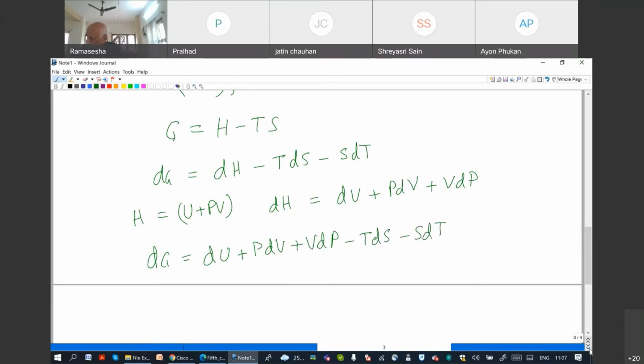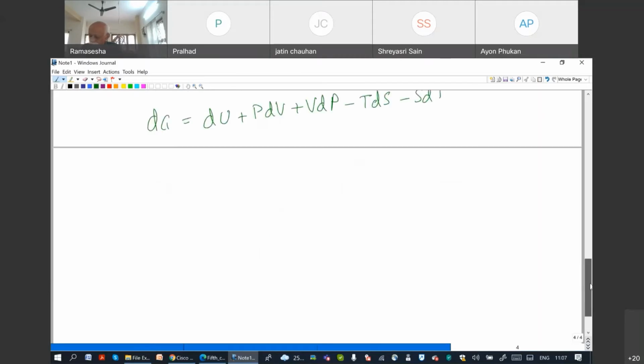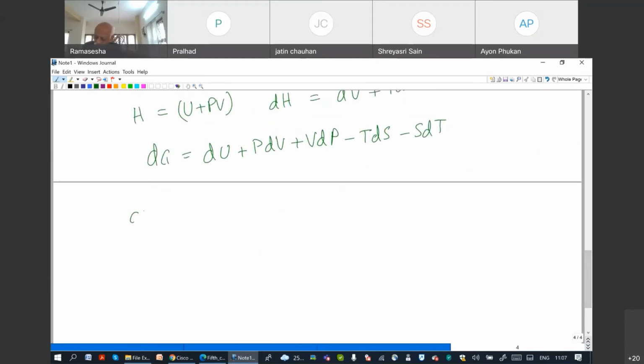So what was the relationship that we had earlier? dU is equal to TdS minus PdV. Therefore, dG is equal to VdP minus SdT.